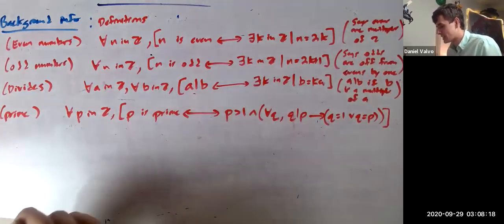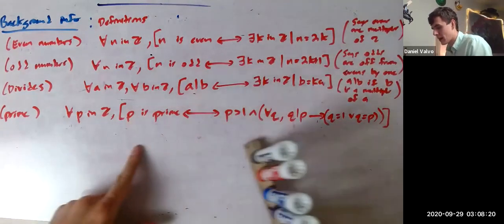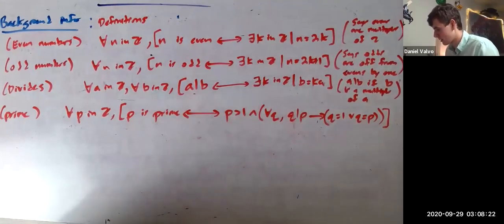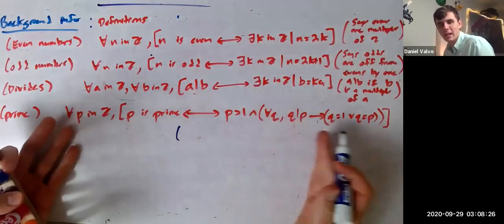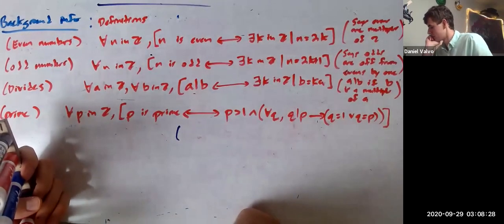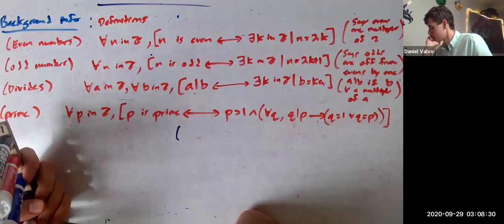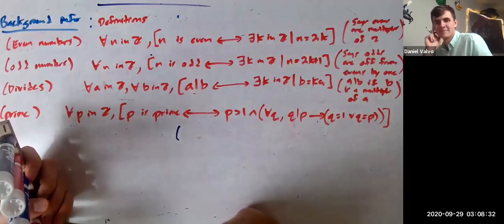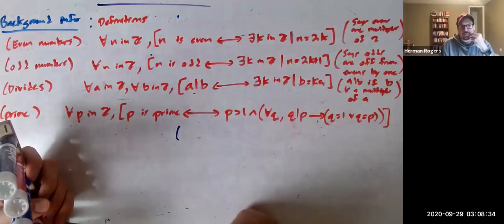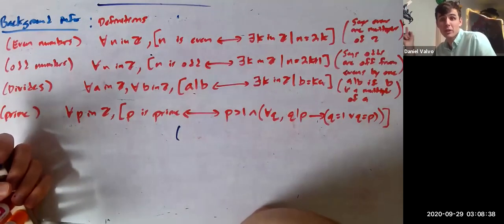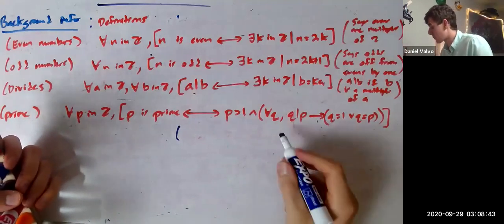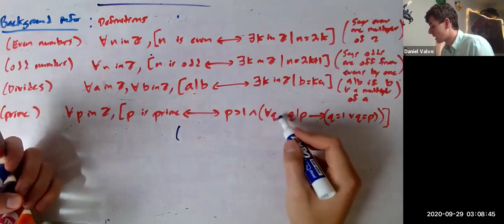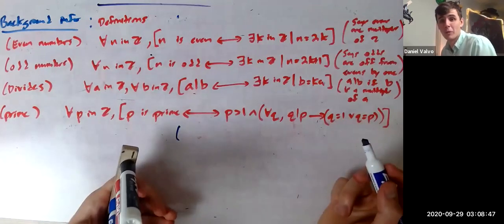All right. This is the really mathy way to write this. Can someone translate this for me? What is this actually saying here? P is prime if it's only divisible by itself and 1. Exactly. P is prime if it's bigger than 1 and it's divisible by itself and 1 only, right? This part is saying that if q is a divisor of p, it must be itself or 1.